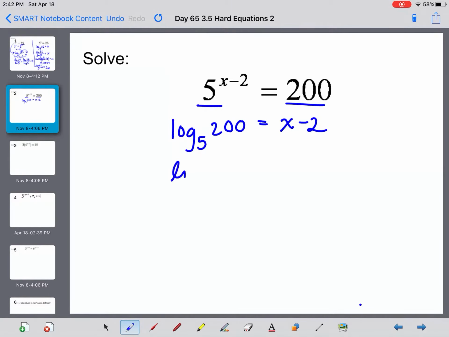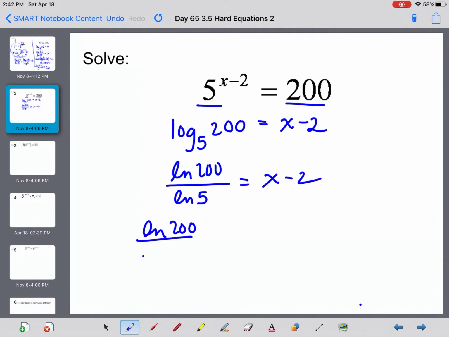Now, log base 5 of 200 is just a number. This is whatever the natural log of 200 divided by the natural log of 5 equals. So again, just a number. And then I have x minus 2 on that side, so I'm going to add 2 to both sides. And this is my exact version of my answer.